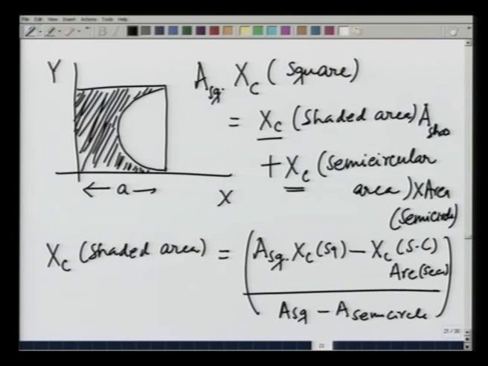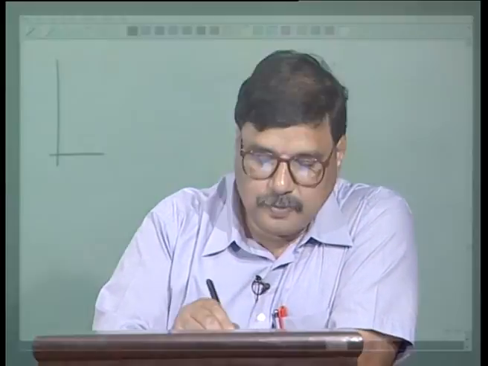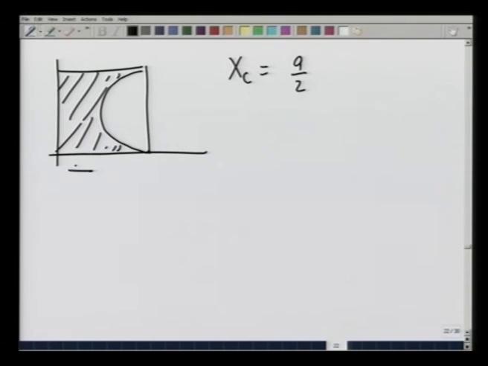And that is what we wish to calculate. We have already calculated that for a square, x c is going to be a by 2, where a is its side.